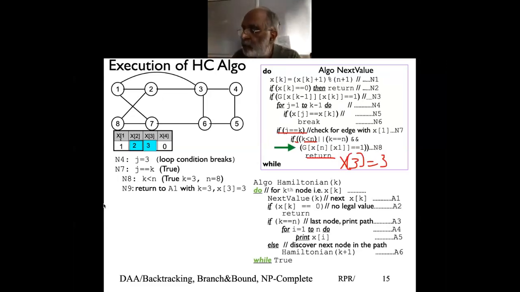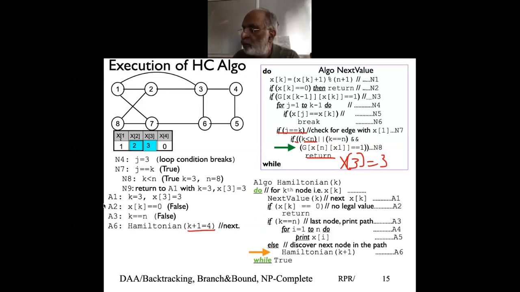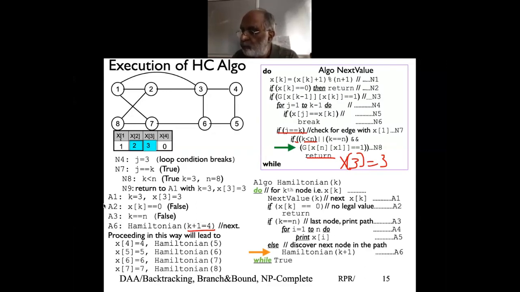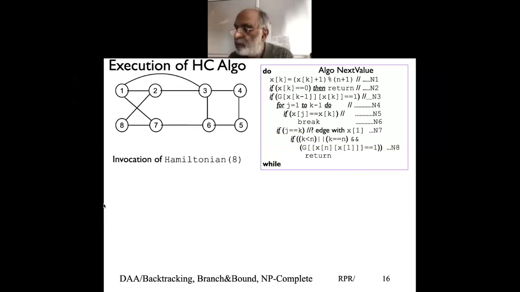Then we come back and proceed the same way. The same way you can keep proceeding for x4, x5, and so on. So you proceed with Hamiltonian 4, Hamiltonian 5, Hamiltonian 6. When you come to Hamiltonian 8, you'll see what happens.